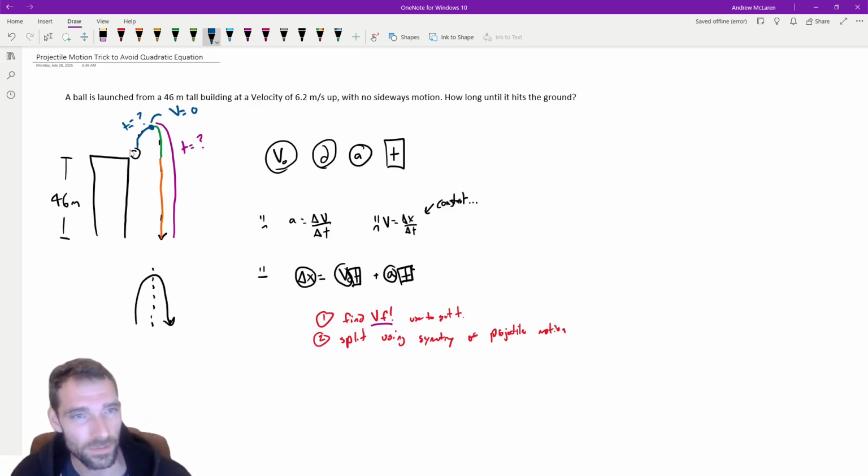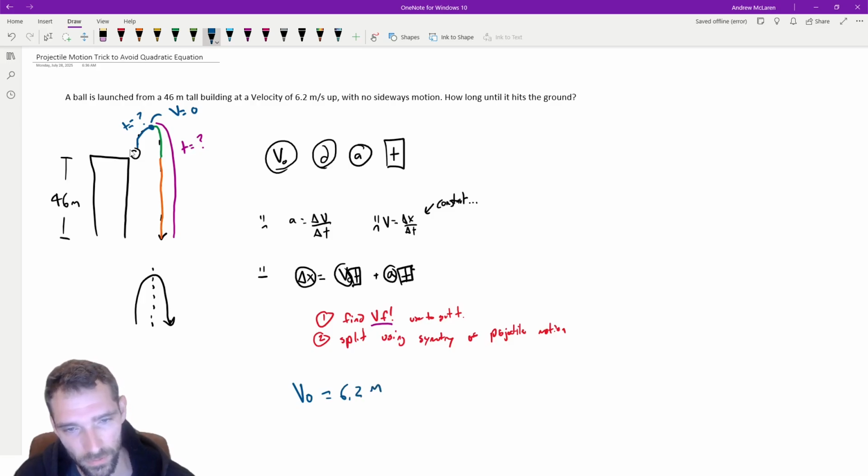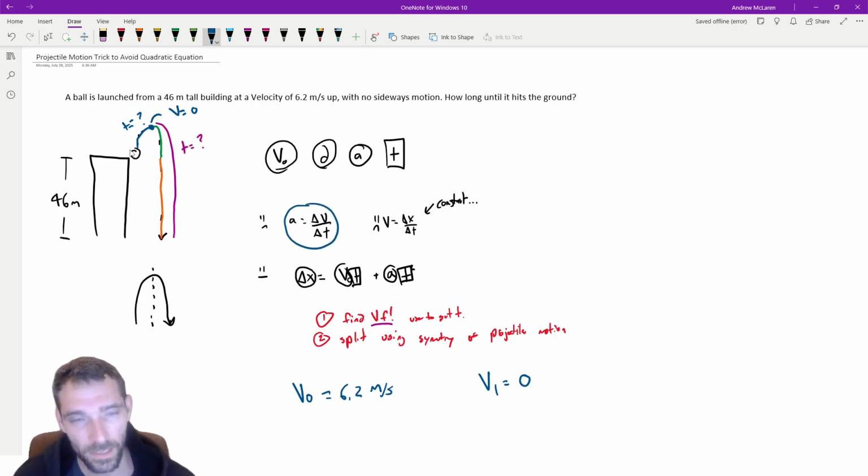So if we wanted to take our positive velocity of 6.2 meters per second, and figure out how long it takes for that to get to some sort of final velocity of zero, we can use this formula right here. It wasn't really that useful in the original problem because we don't really know what that final velocity is at first. We can actually use some numbers at the end to confirm that.